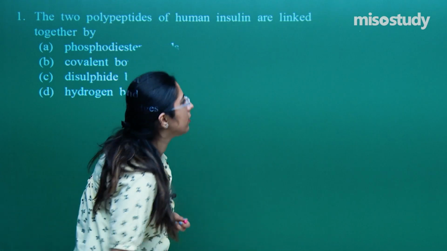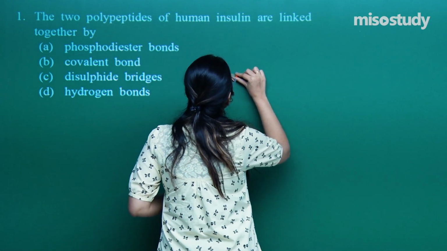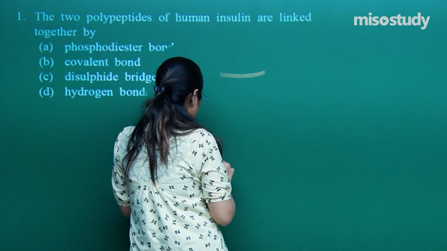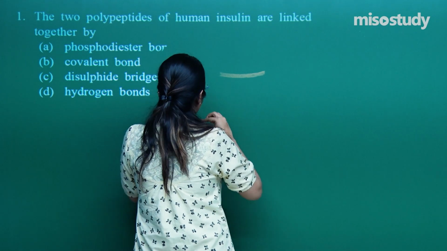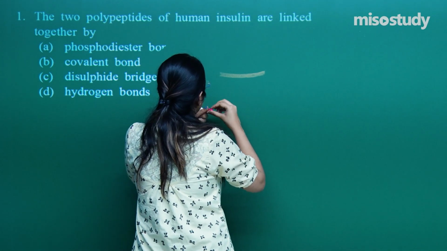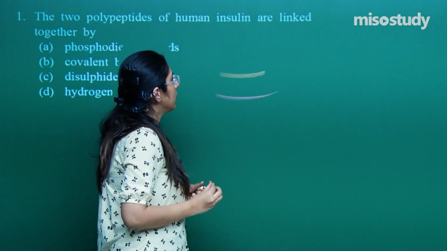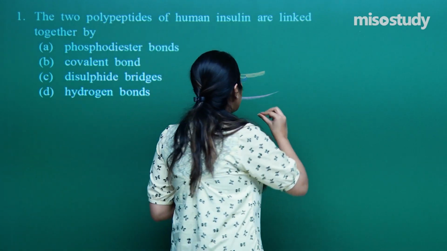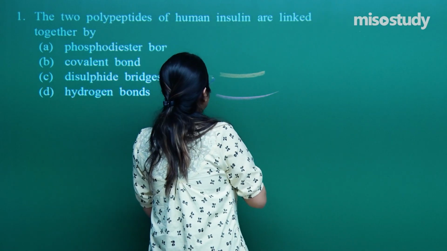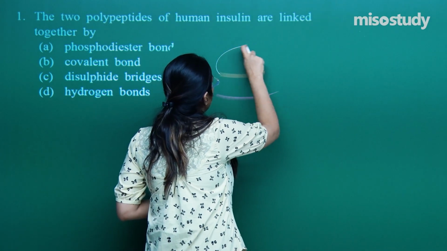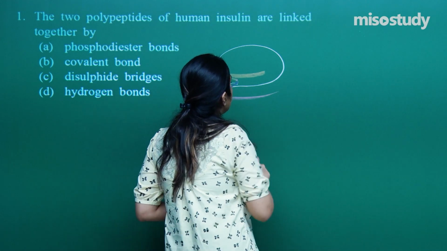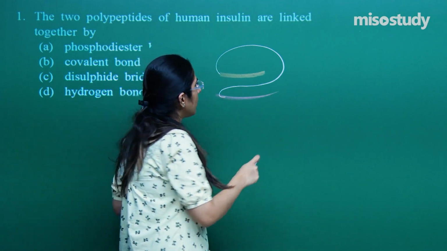Let's look at the structure. We have two chains, one is called the A chain and the second is called the B chain, like this. And when we see a normal proinsulin, as it is produced in the proinsulin form, a C chain is present. What is this?